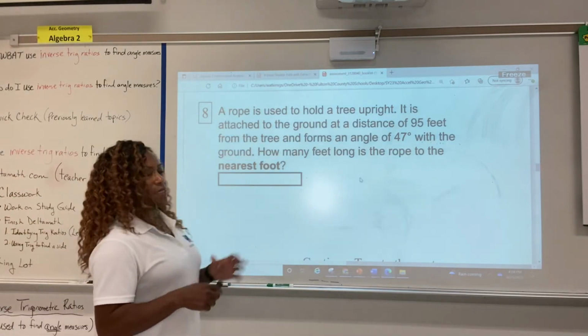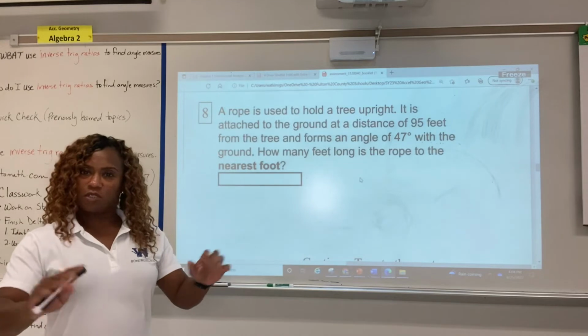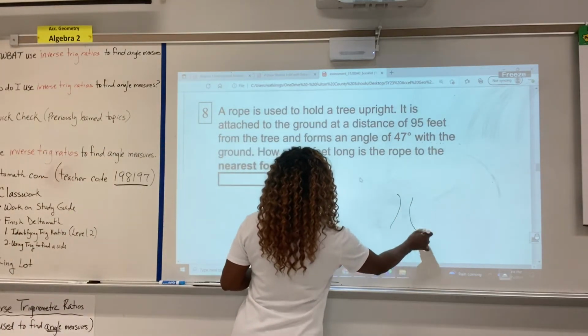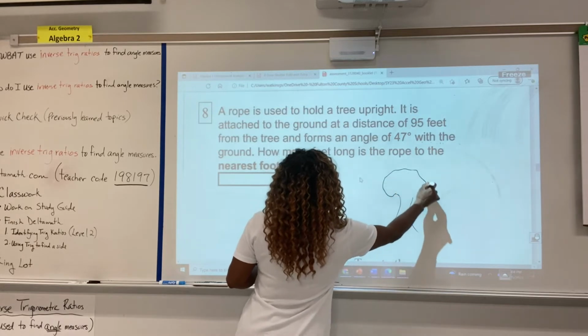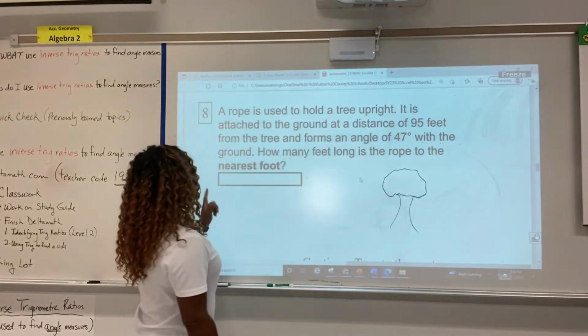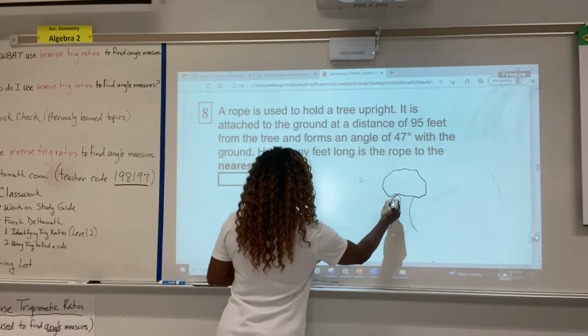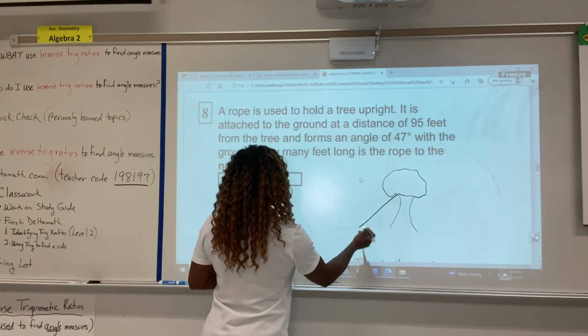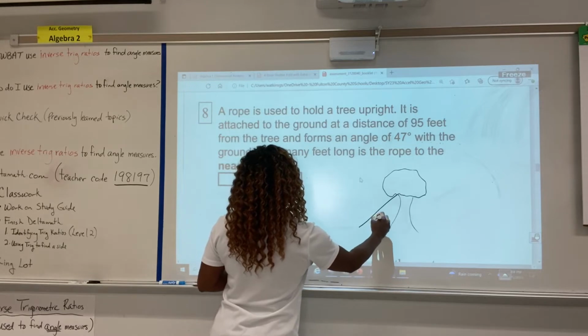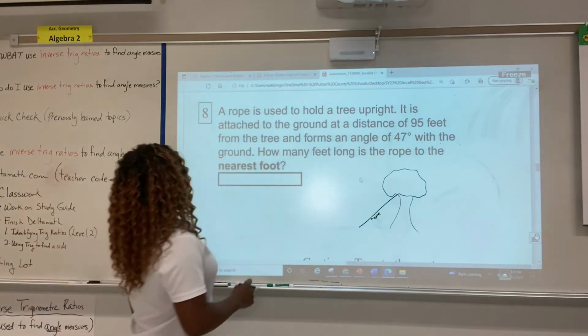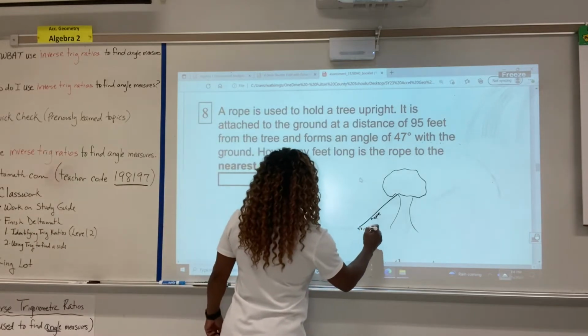So in this case, and I'm not the best artist, but I'm going to do my best. Just look at this, for example. It says we've got a tree, and we're told that a rope is holding the tree upright. So let's assume that the rope is coming here, holding that tree upright. So this is the rope, and it is attached to the ground. So here's the ground.